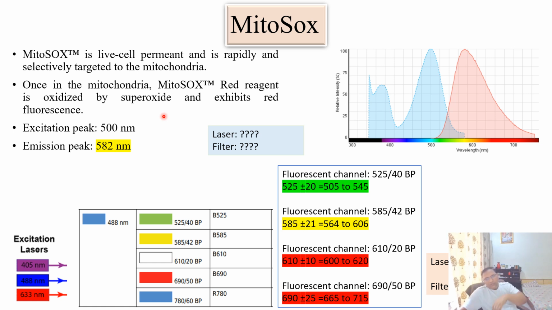So for the assessment of mitochondrial health, we estimate the superoxide production of the mitochondria of a cell. If it is less, the cells have good health. If the production is more, the health of the cells is not good. Once this fluorophore attaches to superoxide, it exhibits red fluorescence.